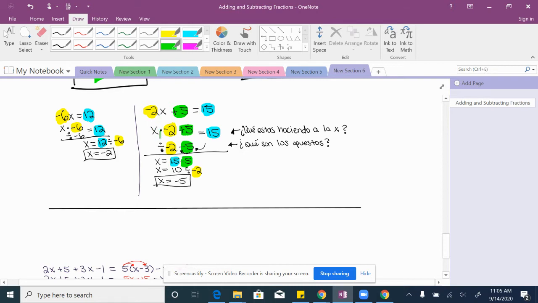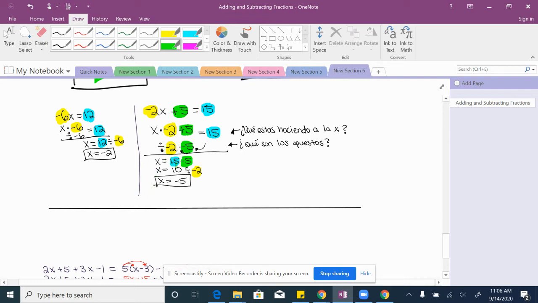X is being multiplied by negative 2, and then we're adding 5, and the result is 15. The opposite of positive 5 is negative 5. And the opposite of multiplying by negative 2 is dividing by negative 2.